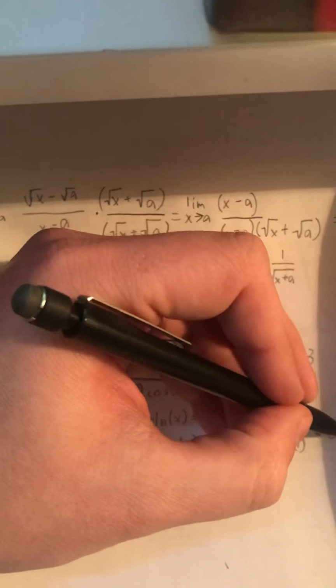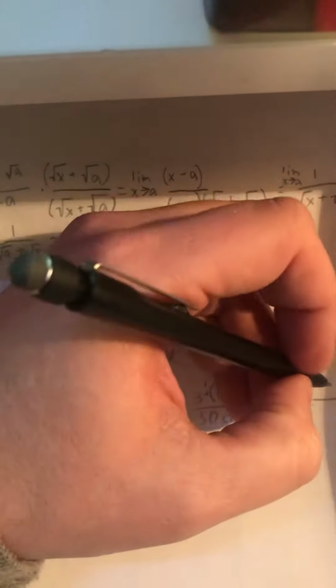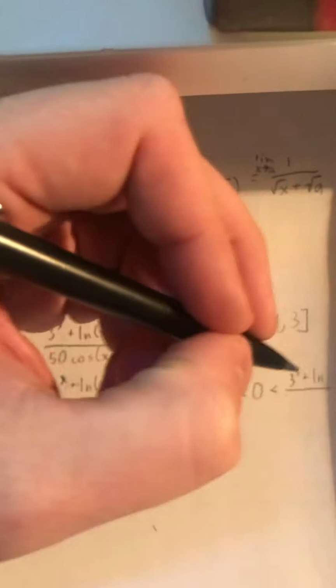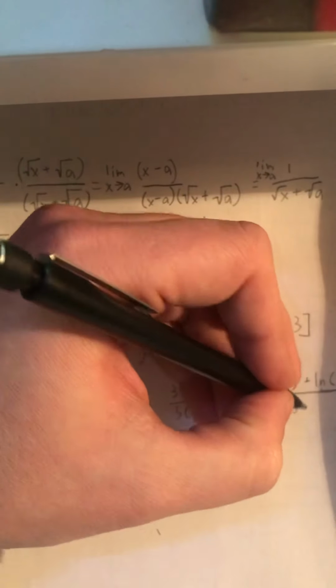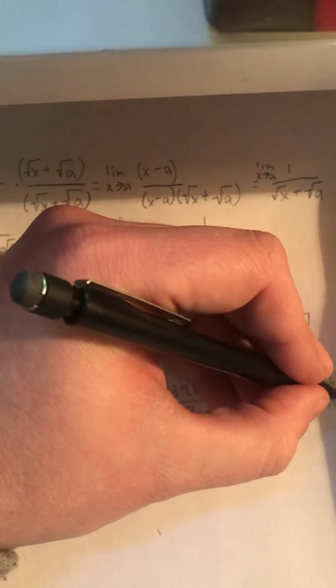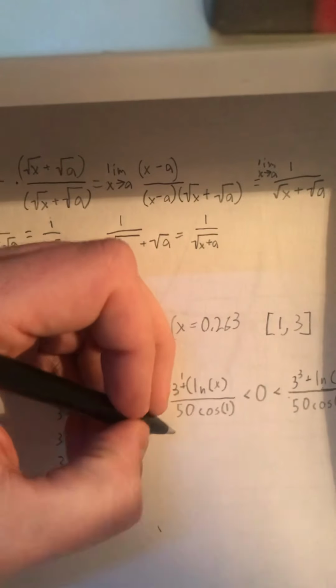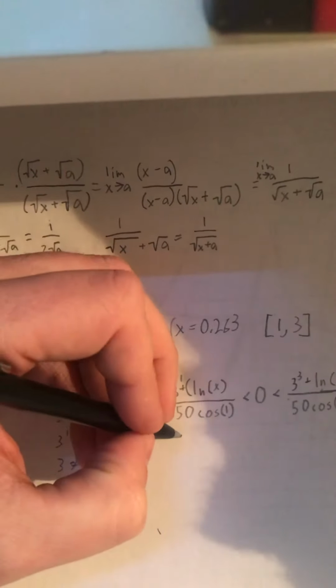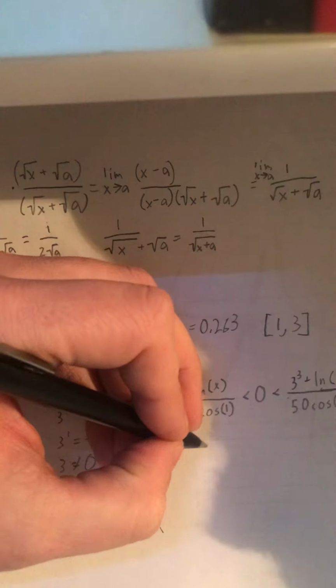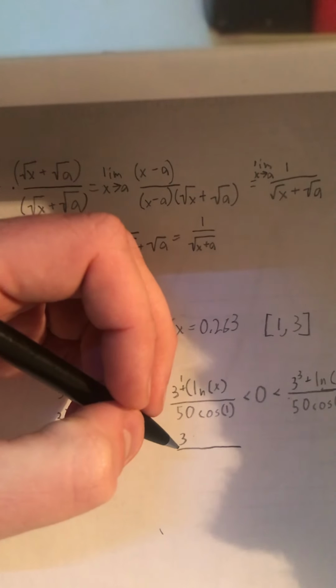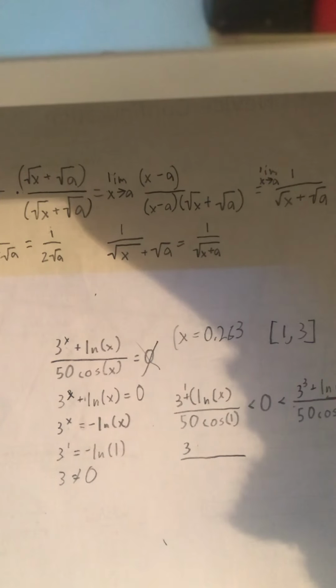And just so we can speed this up, I will just write out the other half of that using plus natural log of 3 and 50 cosine 3. Natural log of 1 is 0, so that's just 3 on top, over cosine of 1.